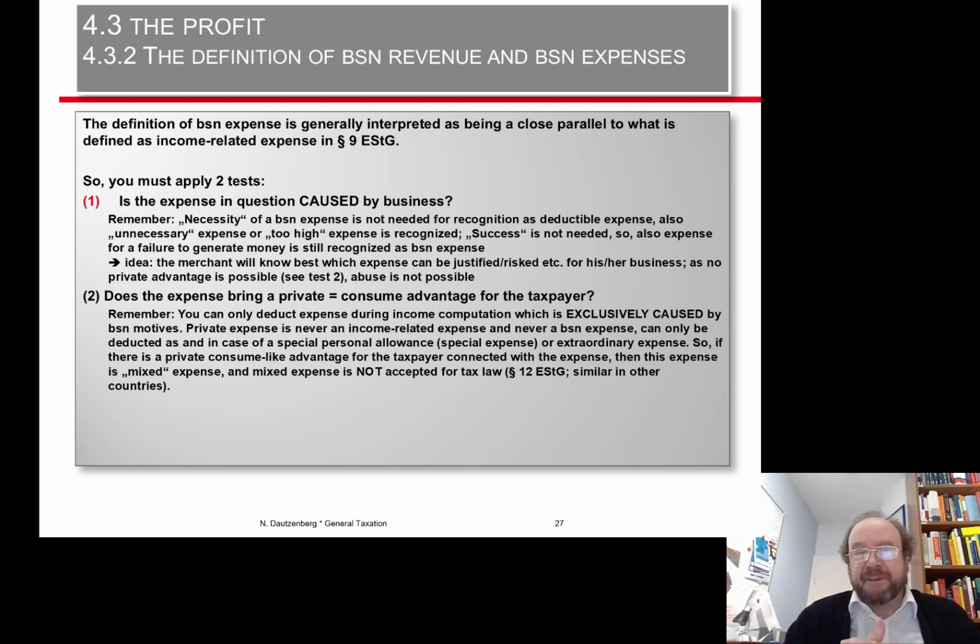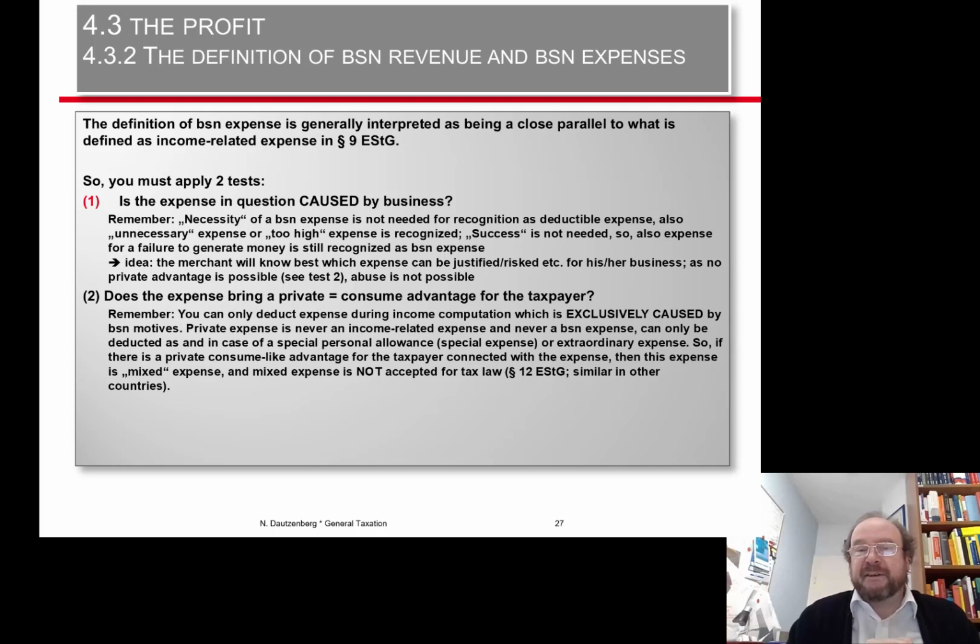So exclusively caused by business, that is no longer the case if there is also some private advantage for the private life of the taxpayer, so what has nothing to do with income generation. That's the test by which you automatically exclude any abuse.